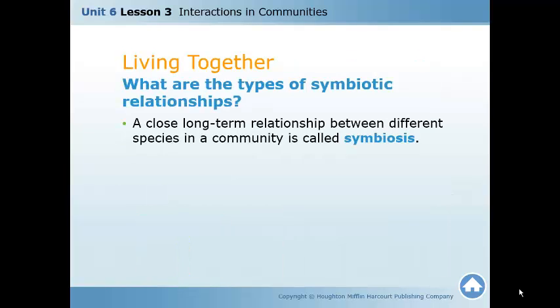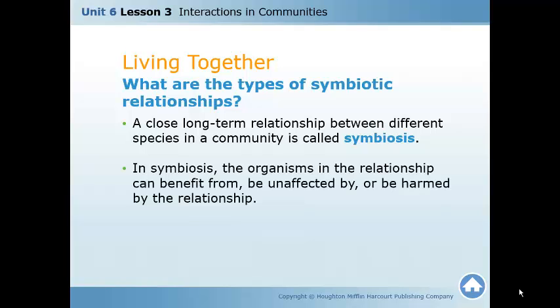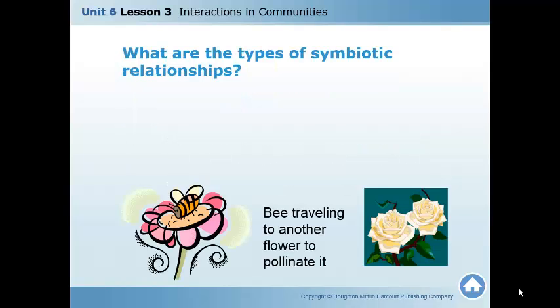What types of symbiotic relationships are there? So living together. We're talking predator-prey, but there are also some other long-term close relationships between species in a community, and these are called symbiosis. In symbiosis, the organisms in a relationship can benefit from or be unaffected by or be harmed by the relationship.